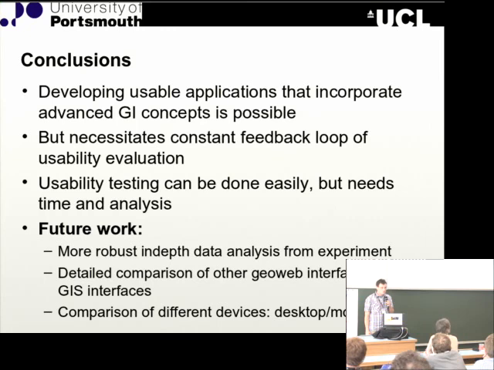Ideally, we would also like to introduce other devices. How do people edit and add data on a mobile device, for example, in comparison with the desktop computer? So this is, in a nutshell, what I want to try to say to you. I hope there will be room for a couple of questions.